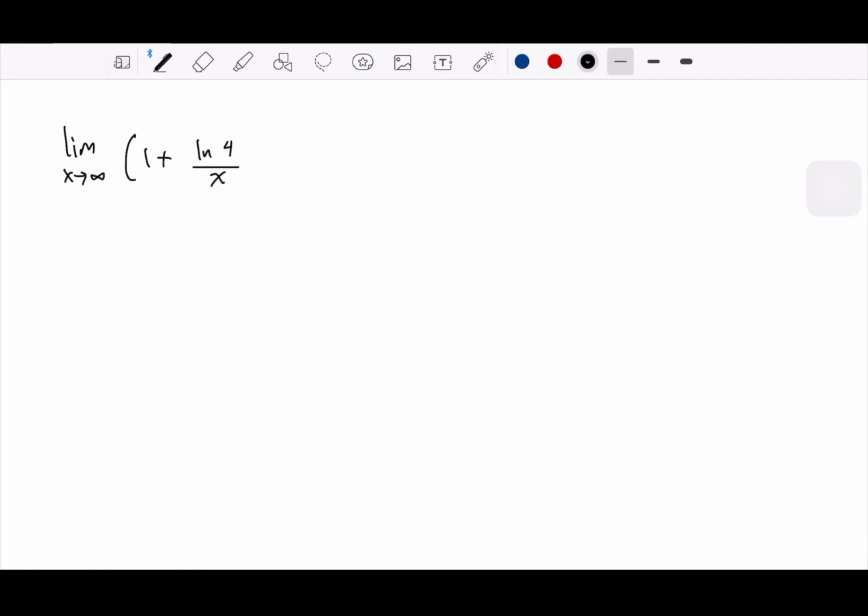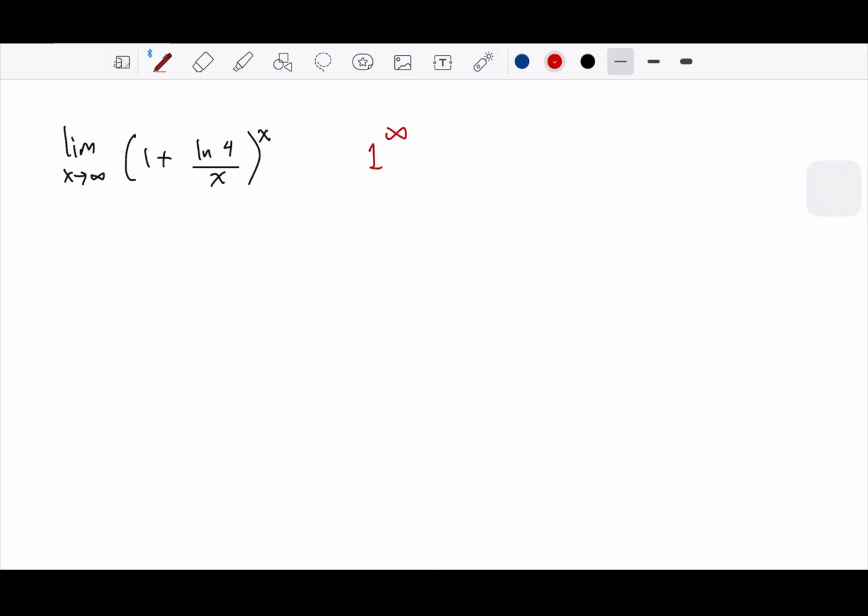So this is 1 plus ln 4 over x with power of x. This is 1 with power of infinity. And similar to the previous one, but since it's going to have a little bit of complication here, if you take the e and then ln, if you think it's too big, then I think you can simply separate like this and write the function as y.